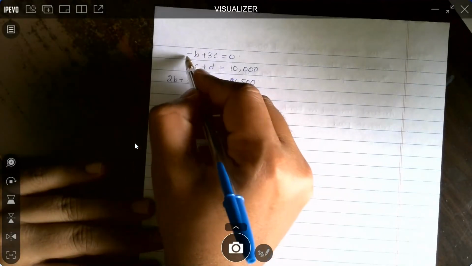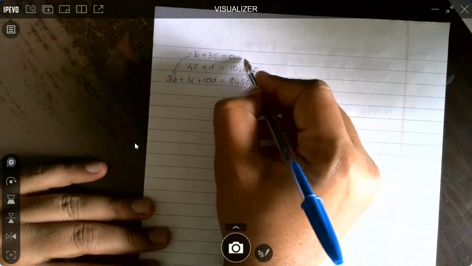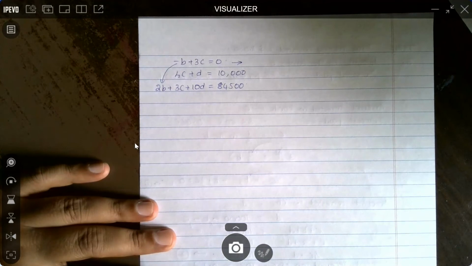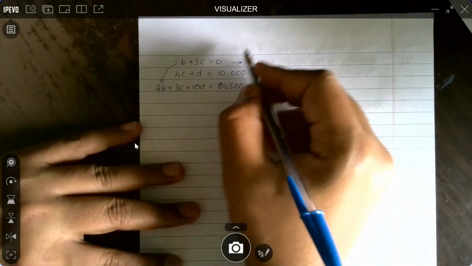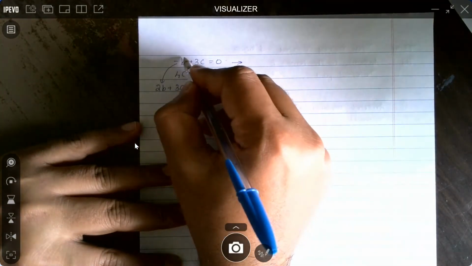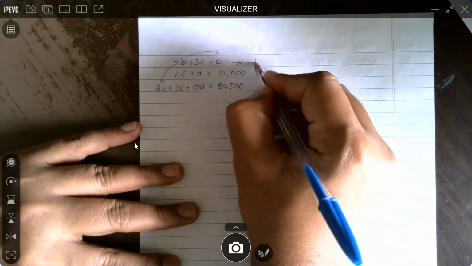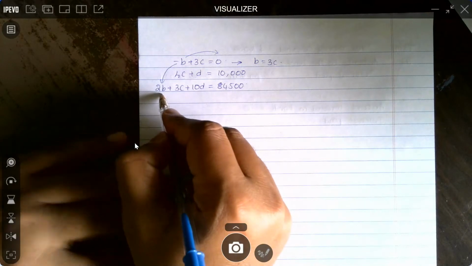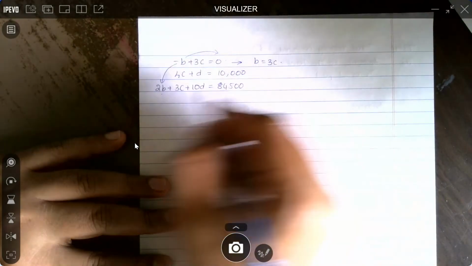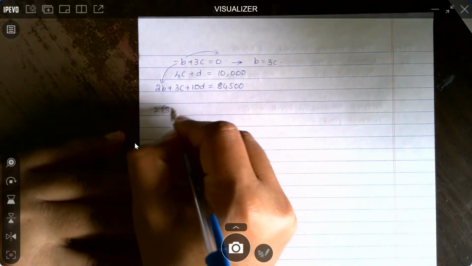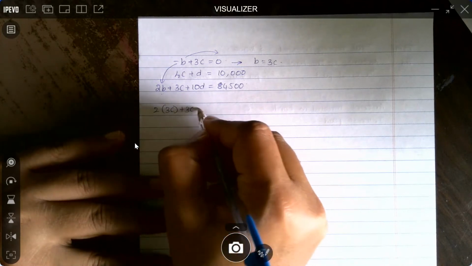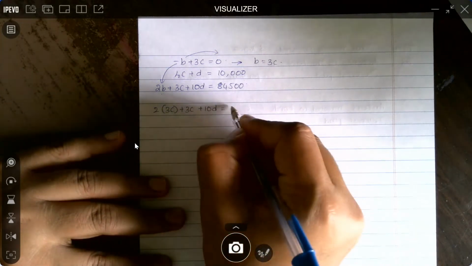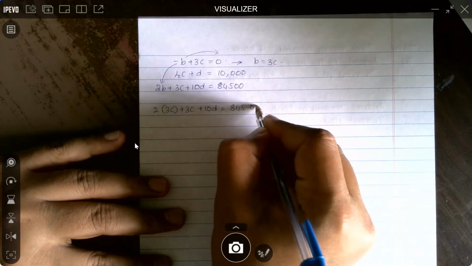If you substitute here, negative B is 3C. There are several ways to go about it. I'm going one way. Negative B is 3C, so if you move B to the other side, B is going to be 3C. Now if you substitute B equals 3C into this one, you get 2 times 3C plus 3C plus 10D is going to be 84,500.